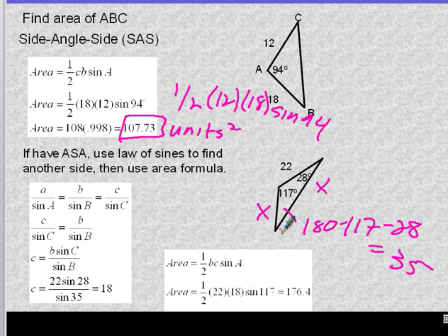So I have this being 35. And so side C has to be, I'm sorry, I don't have this very well worked out. I kind of combined all the steps here. So it's going to be C over the sine of 35. That doesn't make sense either.